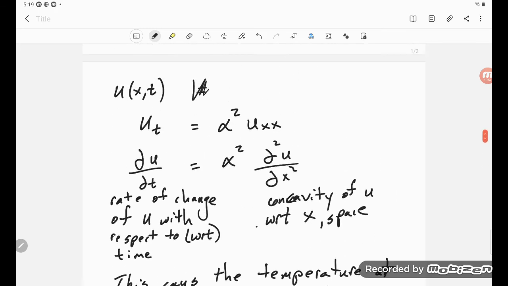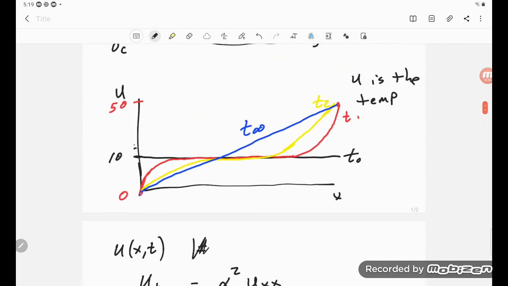Now, again, going back to this picture, we see that over here on the left, where the red is on the left, that's concave down. And we see as we went through time, we had that temperature decrease on that side. And on the right side, the curve started out concave up, and the temperature was increasing where we saw it being concave up.